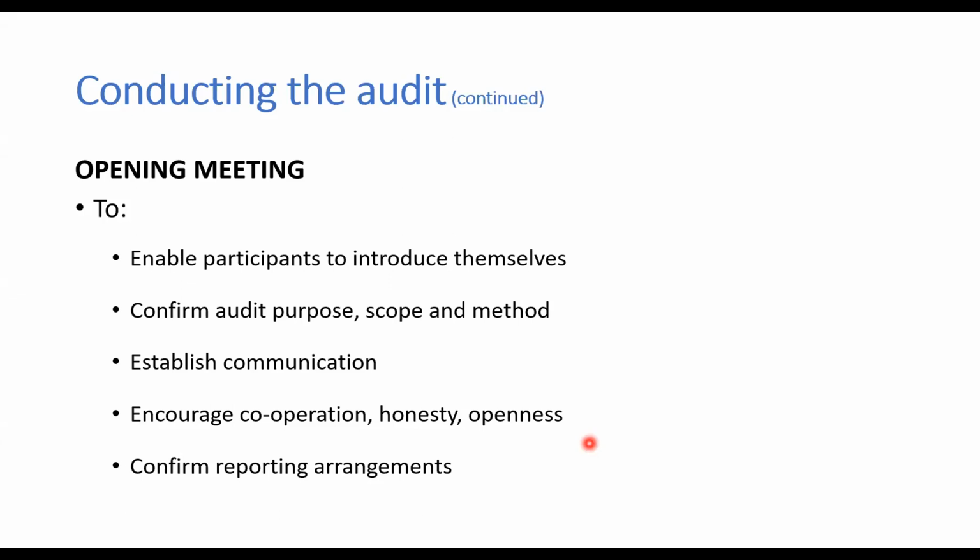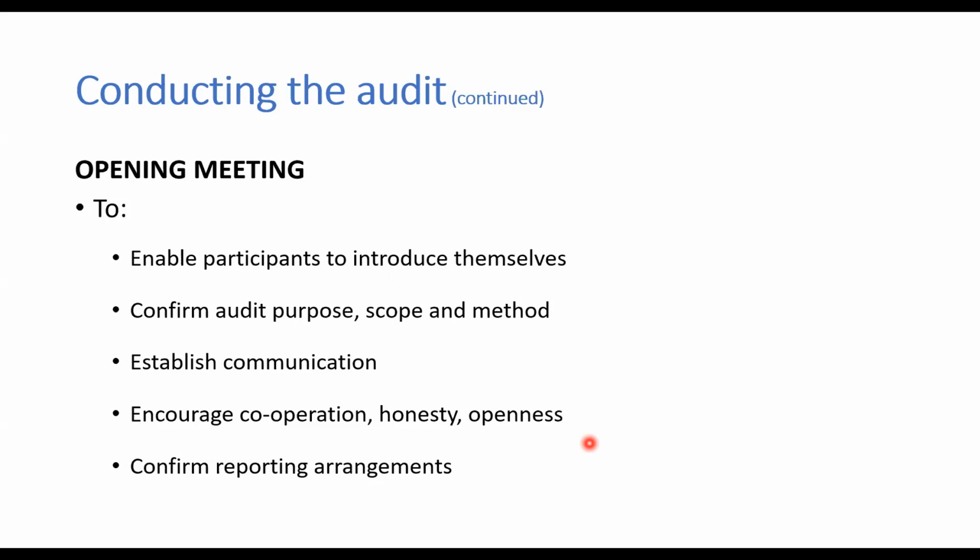If you give them the confidence in the opening meeting that the information which you are going to take will be confidential, or that you are here to make value addition in their system, you are not here to do policing, your purpose is not to give non-conformances or findings, then they are going to have more trust in you, and they will cooperate more as compared to if you go in such a way that they think you are doing policing activities.